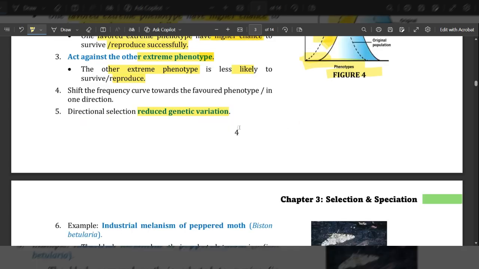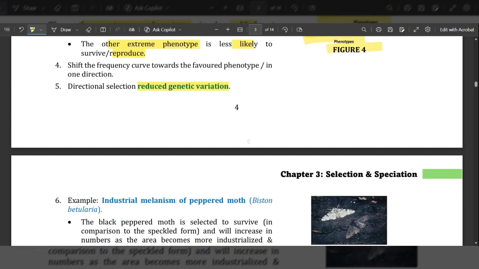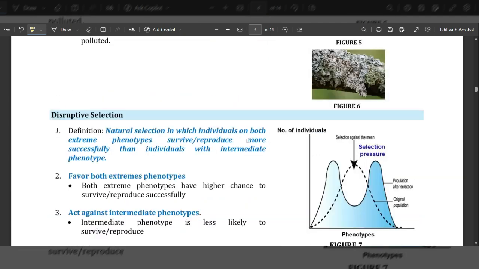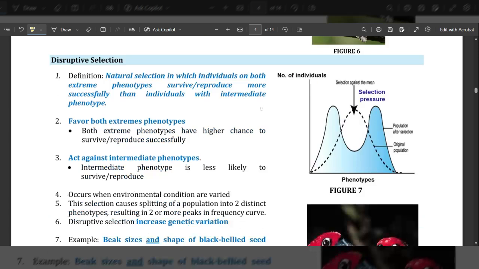Okay, disruptive selection refers to selection favoring both extreme phenotypes. This kind of selection is the one that can lead to speciation more easily. It acts against the intermediate phenotype. So individuals with the intermediate phenotype are less likely to survive and have fewer chances to reproduce, meaning their frequency will reduce in the next generation.